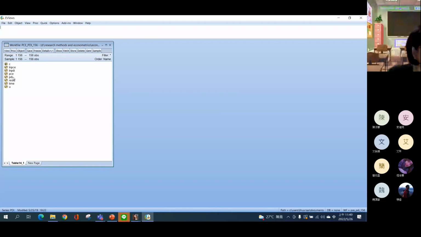So it's a total of 156 observations, and all the data are in billions of 2000 dollars. Again, I also take the natural log of the PCE and also PDI, so it becomes ln PCE and ln PDI.